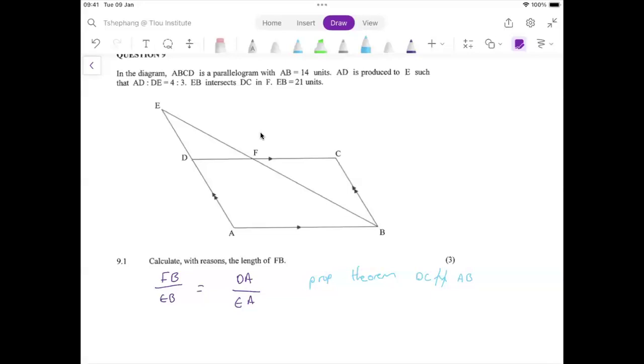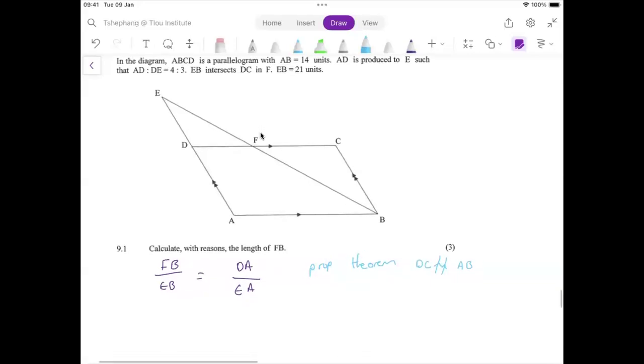Okay, now let's substitute what we have. We are looking for FB, so we know immediately that we don't have it. But we do have EB, so I'll say FB over 21 is equal to, now DA, do we have DA?